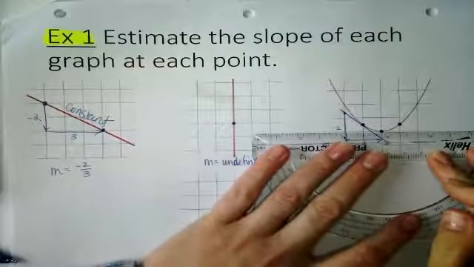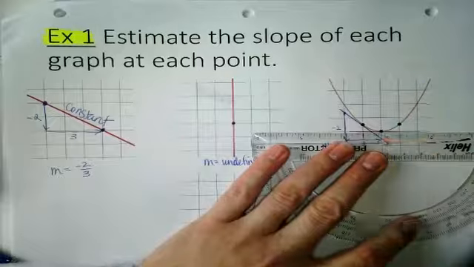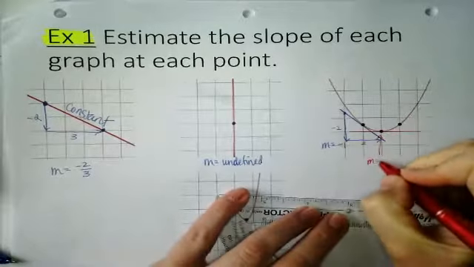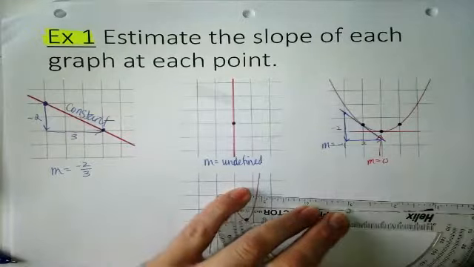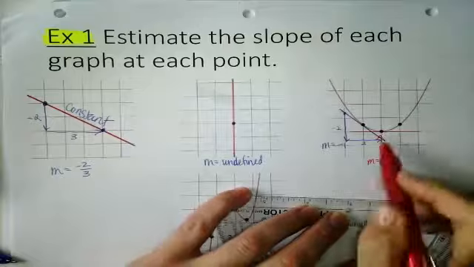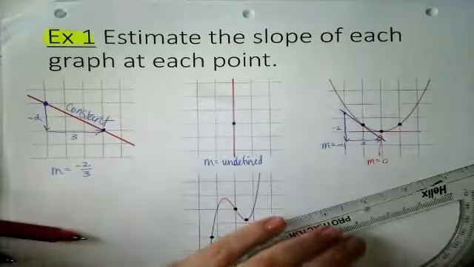Here, holding up my nice little straight edge, right at the bottom of the curve, that's easy to tell. Those are probably the easiest to tell. We have a slope of about 0. And certainly, we're changing from a negative slope to a positive slope. And in order to change, you would have to pass through 0. So pretty safe to assume that that is a slope of 0.